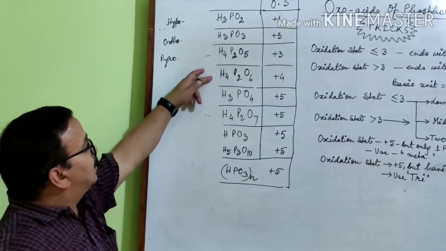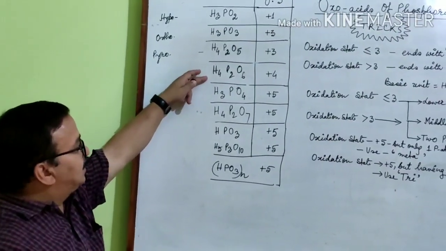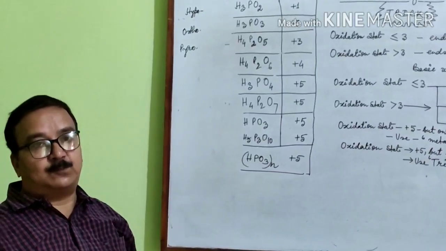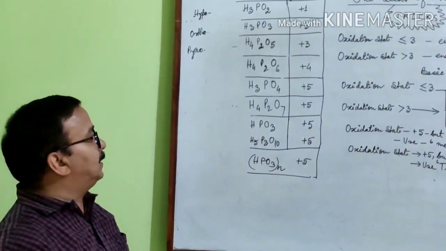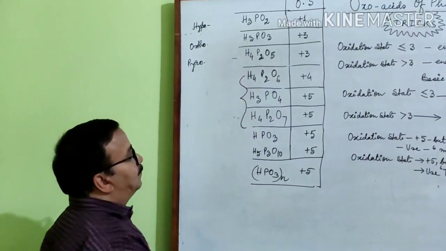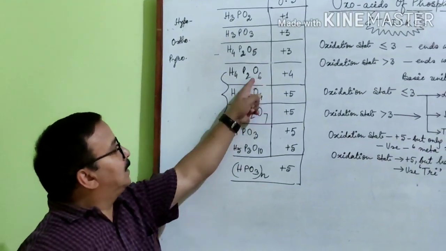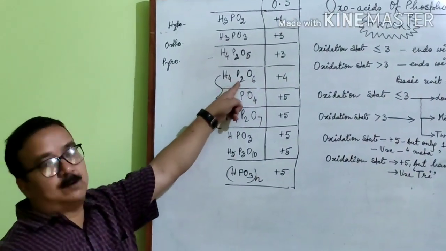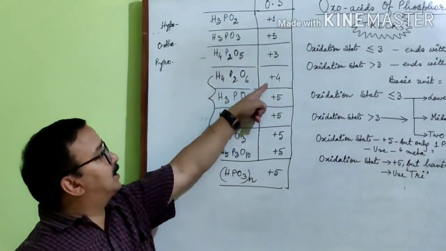Now observe here, these oxoacids have oxidation state of phosphorus which is more than 3. Now compare these three. In these three, H4P2O6, the oxidation state of phosphorus is +4.